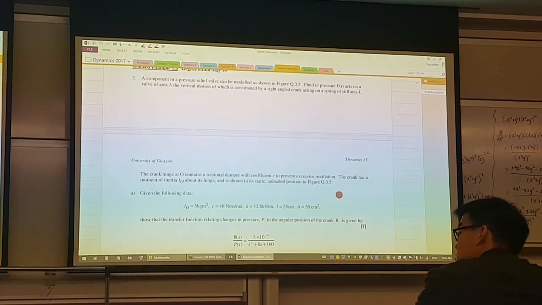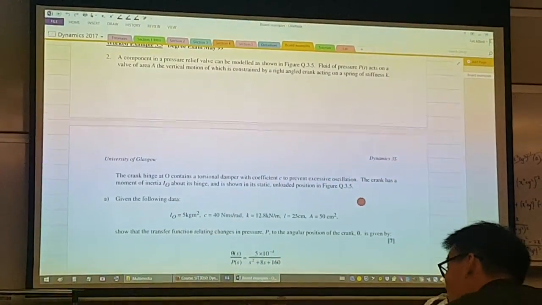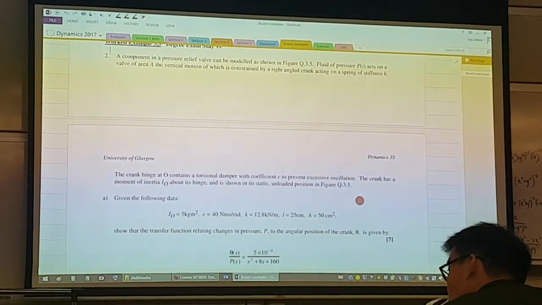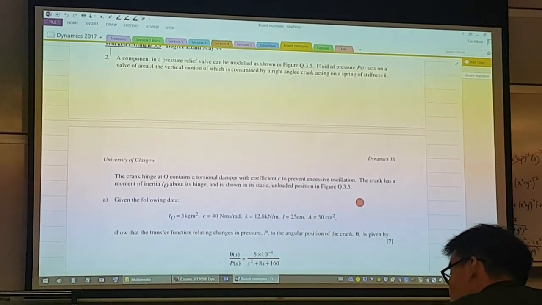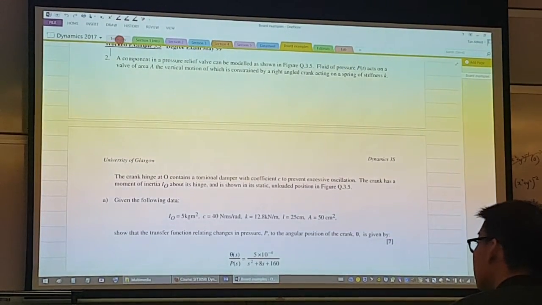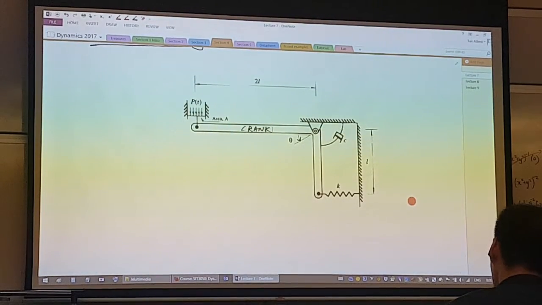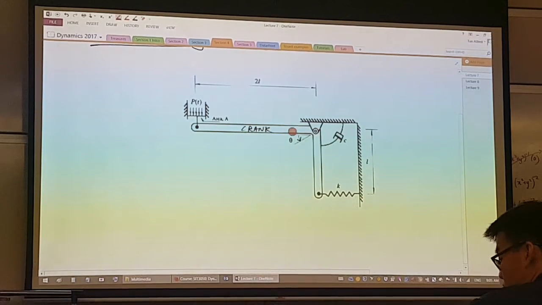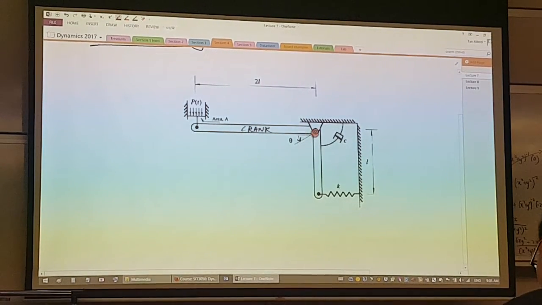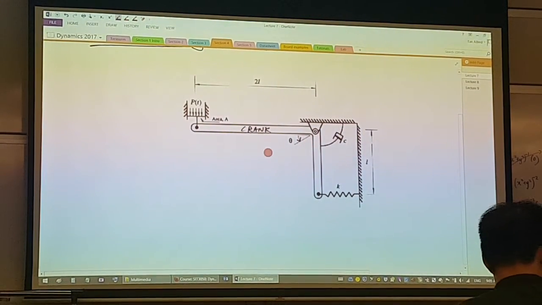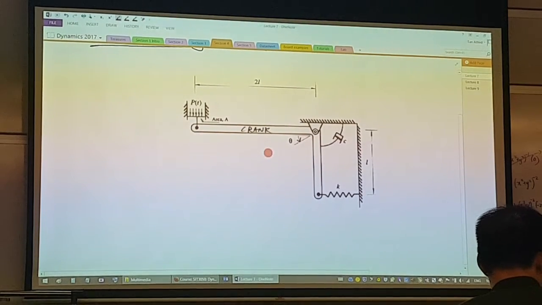I'll just come to you and say, please read the question. That's all I can say. So there's no mass. And this whole L shape is a rigid body. So this joint over here will pivot, but this L shape does not deform. So you maintain that sort of L shape.